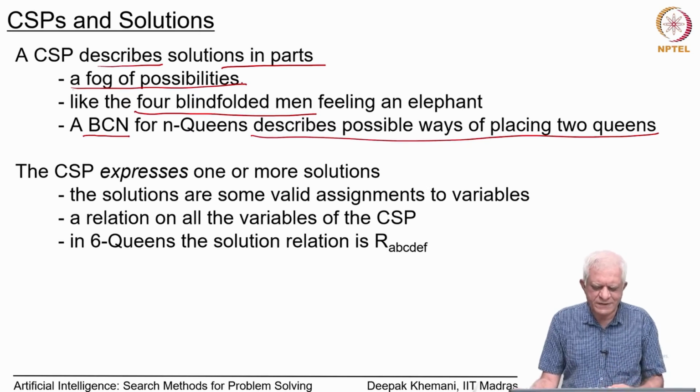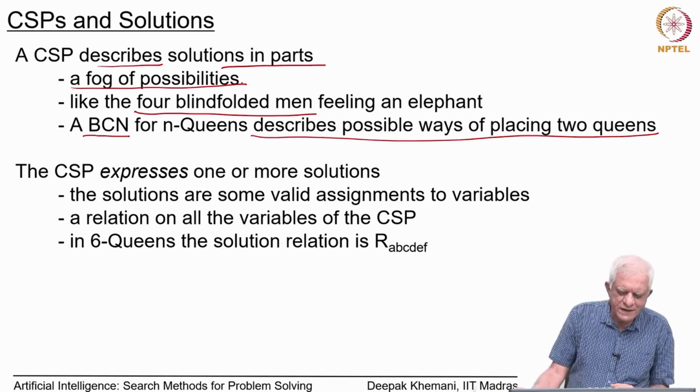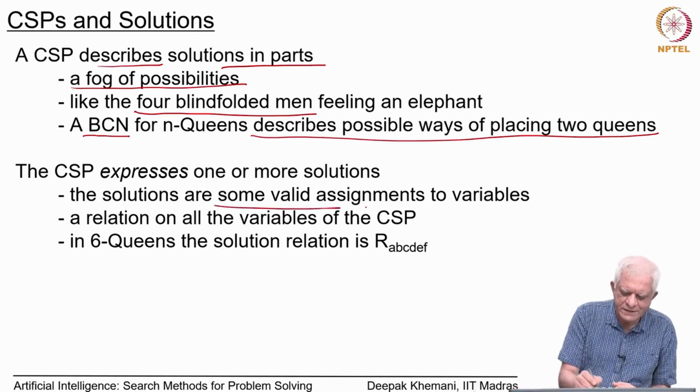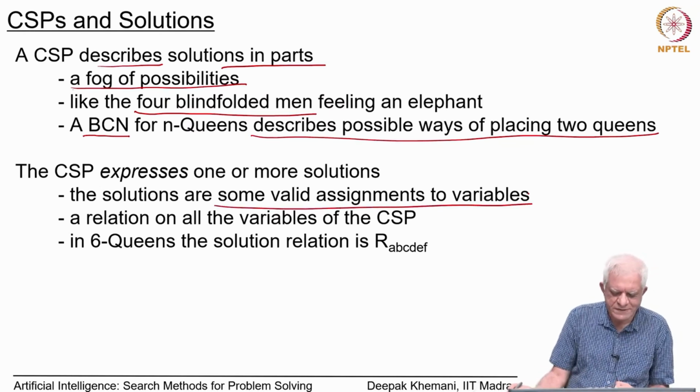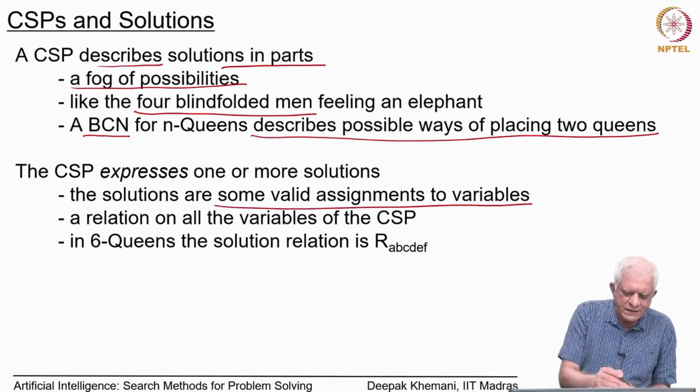So, a CSP expresses those solutions, and as we have said, there are some valid assignments to variables, which means all the constraints must be satisfied. The solution is a relation on all the variables of the CSP.